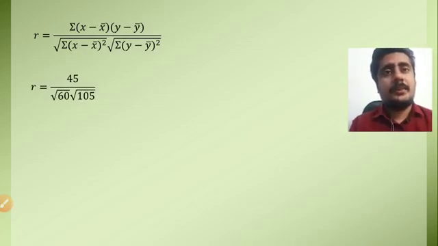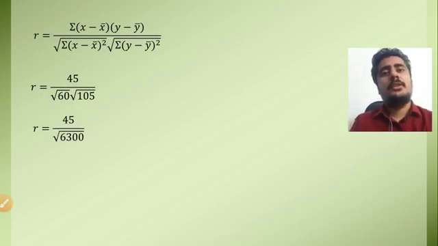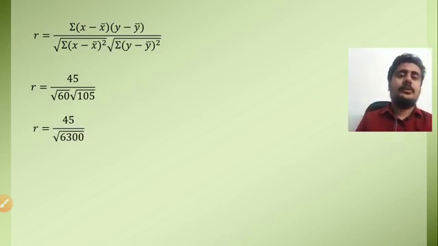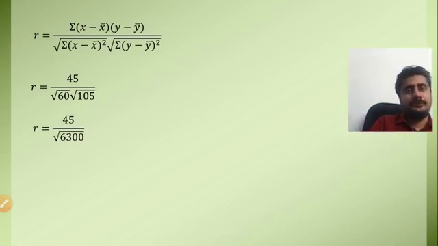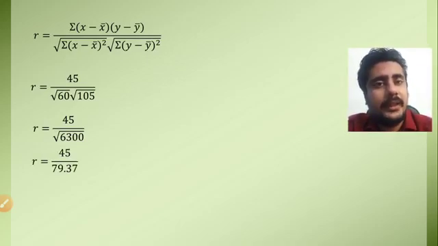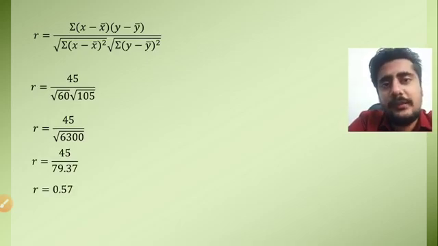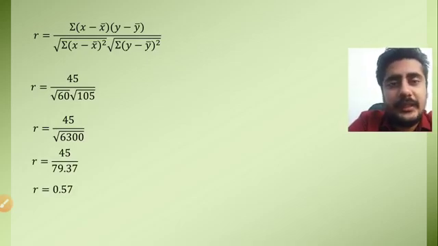So you can see sigma x minus x bar, y minus y bar is 45 upon root of x minus x bar square 60 and root of y minus y bar square, root 105. If we solve 60 into 105, it comes to 6300. Now root of 6300 is 79.37. If you divide 45 upon 79.37, you will get 0.57.